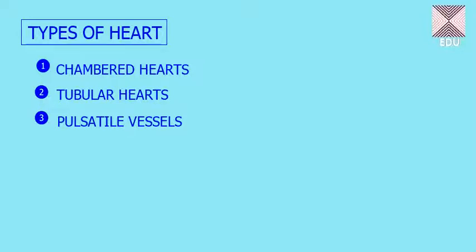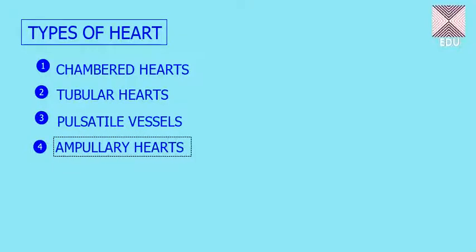Now if I go further, we have the fourth type of heart, and these are the ampullary hearts. So students, these are the 4 basic categories of the types of hearts on the basis of morphology.